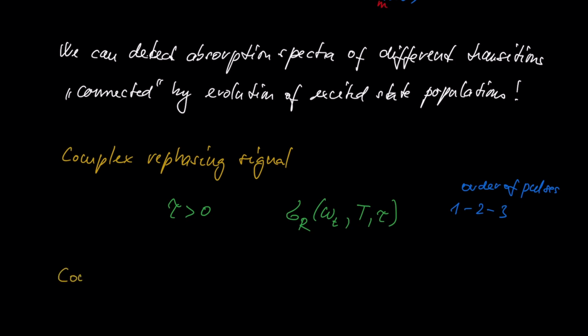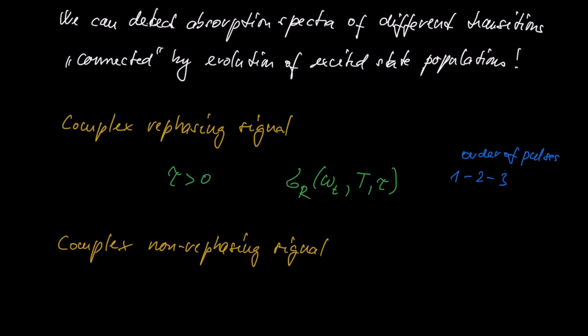Then we measure complex non-rephasing signal. That's when the delay tau is smaller than 0, which means that the order of pulses is 2, 1, 3. We usually actually work with tau positive, just switch the order of the pulses.